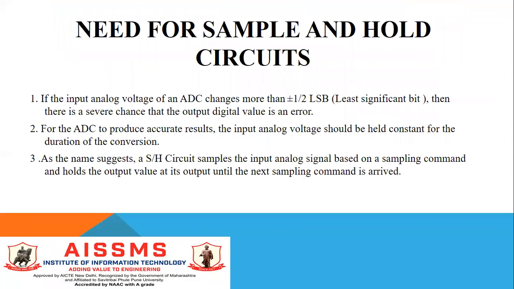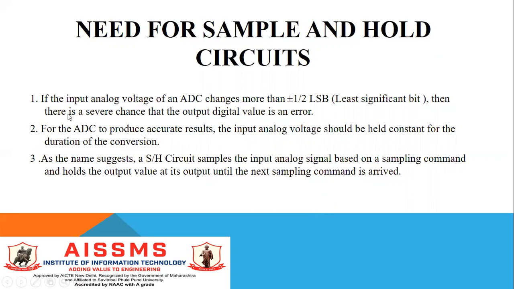Why do we need a sample and hold circuit? Generally, if the input analog voltage in case of an analog to digital converter changes by more than plus or minus half of the least significant bit, then there are chances that the output digital value is in error. So the sample and hold circuit comes into the picture.